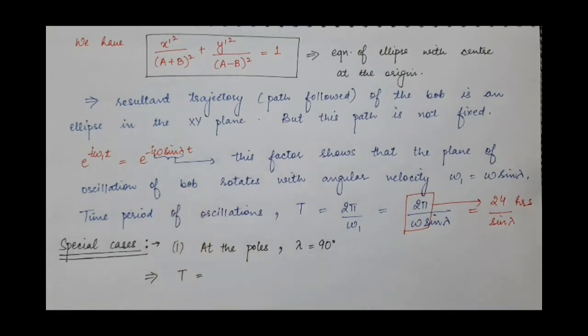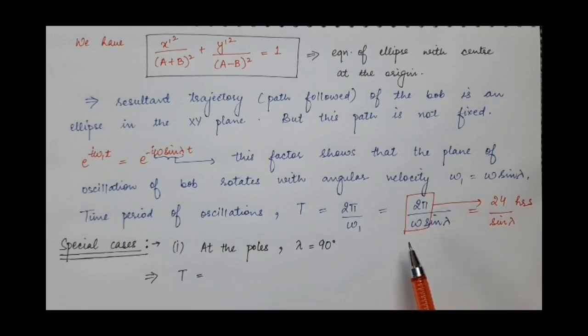So what will be the time period of oscillations? We all know that time period of oscillation is equal to 2 pi by angular velocity. And what is the angular velocity of the oscillations of the bob here? It is omega 1, and this omega 1 is equal to omega sin lambda. And what is this 2 pi by omega?